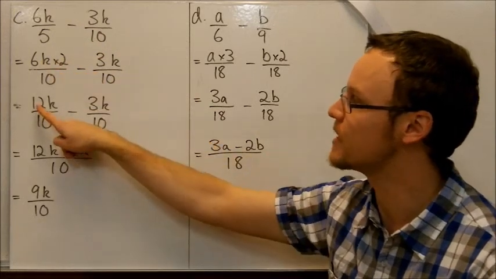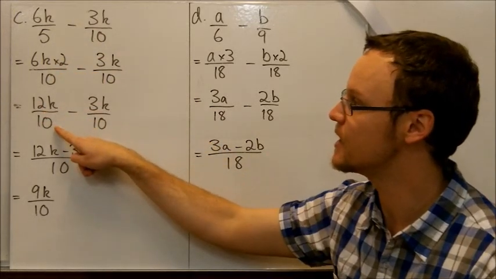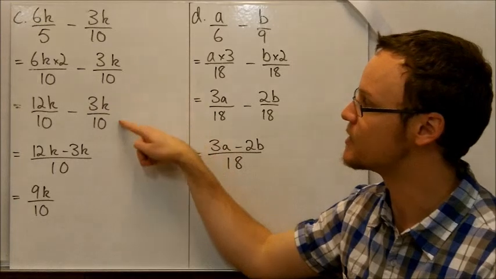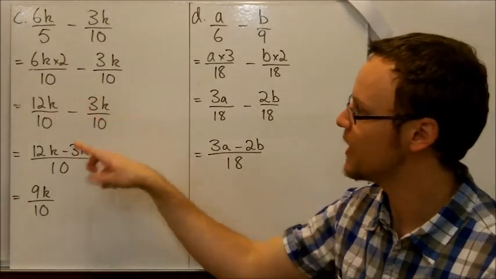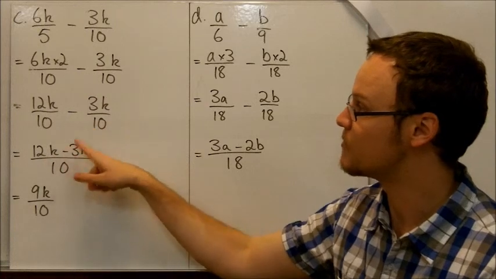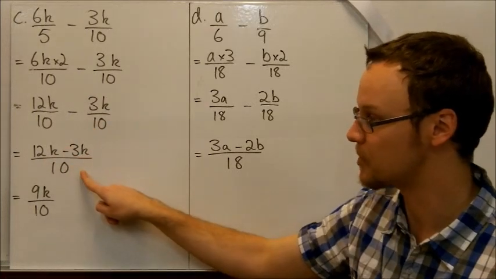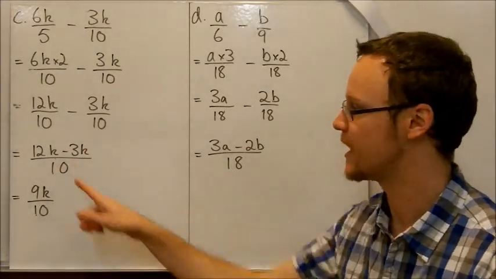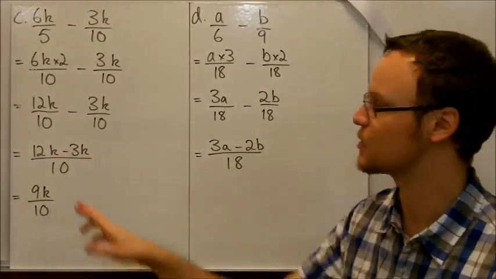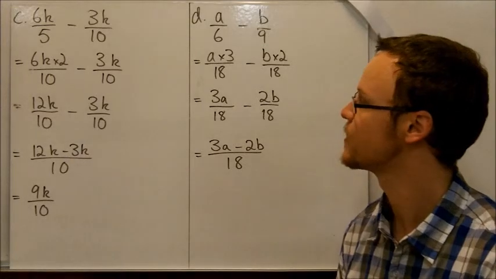So multiplying by 2 gets 12k over 10 minus 3k over 10. We haven't changed the second one because we haven't changed the denominator. So with 12k over 10 minus 3k over 10 over a common denominator, 12k minus 3k leaves us with 9k because these two are like terms. They've got the same combination of variables.